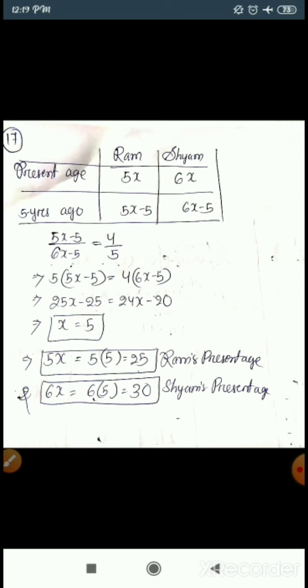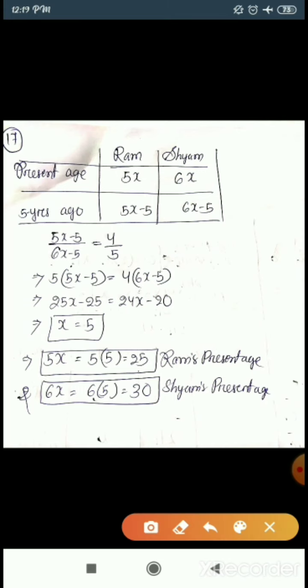Okay. And that is given the ratio 5 years ago, the ratio of the age of Ram and Syam is 4:5. That means 5x minus 5 by 6x minus 5 equal to 4 by 5. Now cross multiply this one. Solve this equation. 5 times 5x minus 5 and 4 times 6x minus 5.